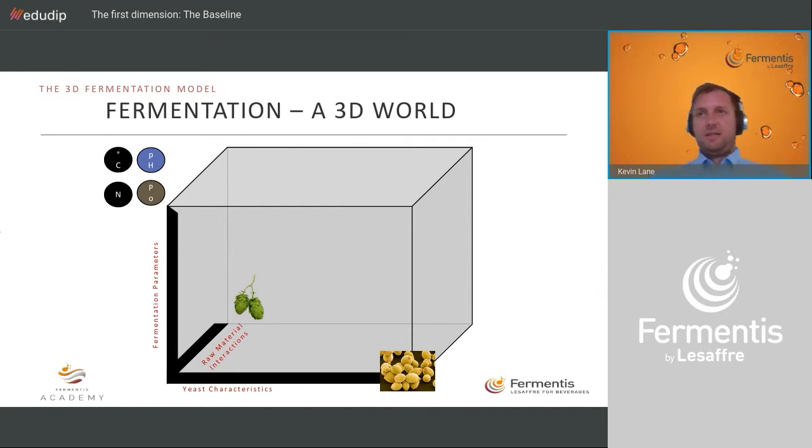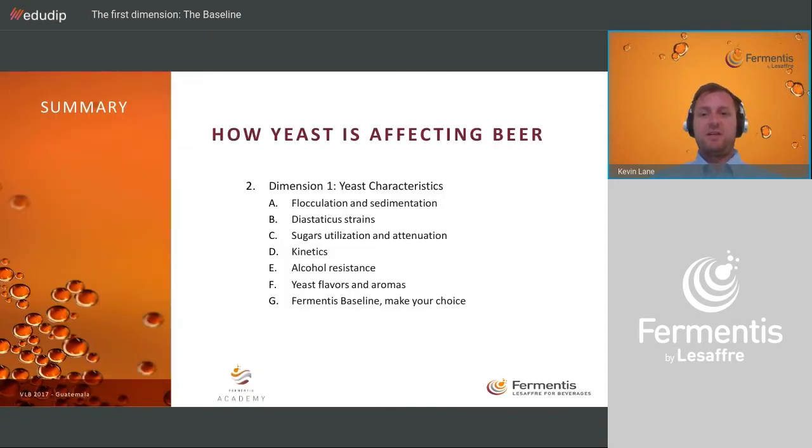So how do certain strains interact with hops chemically? And then also the beers went through our taste panel, and there's the expression or the human acknowledgement of those flavors. But today, again, we're going to talk about yeast characteristics.